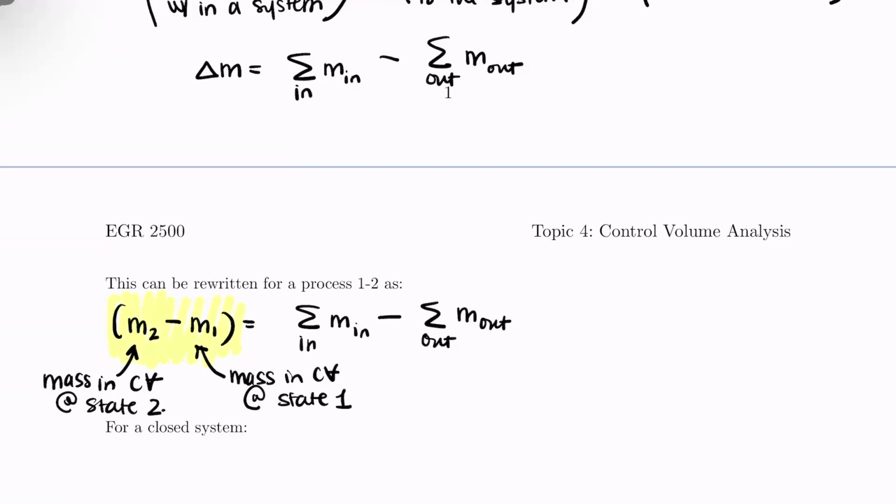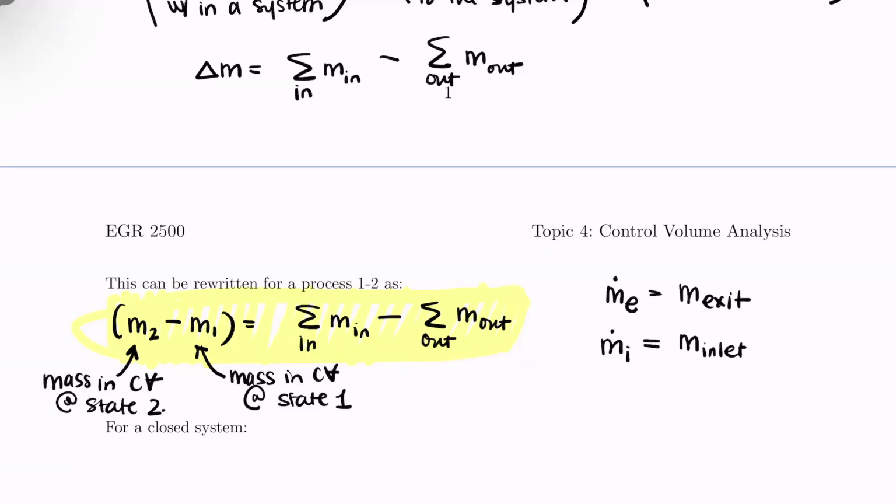An important thing to note here in terms of notation throughout this unit is sometimes instead of using m-dot in and m-dot out, we might use the convention m-dot e or m-dot i. So this is mass flow of the inlet, and this is mass flow of the exit, and these will have dots on top.